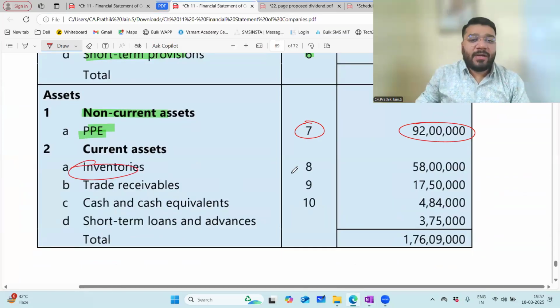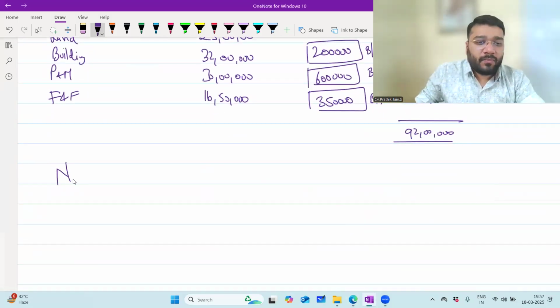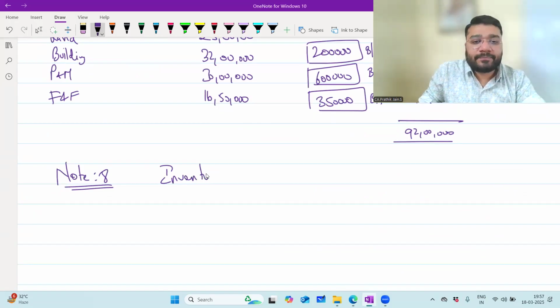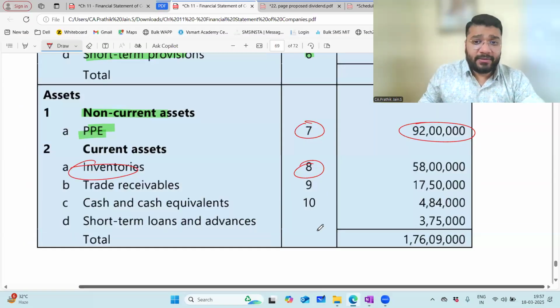Next is inventory, note number 8. Note 8, inventories. Finished goods. How much? 30.